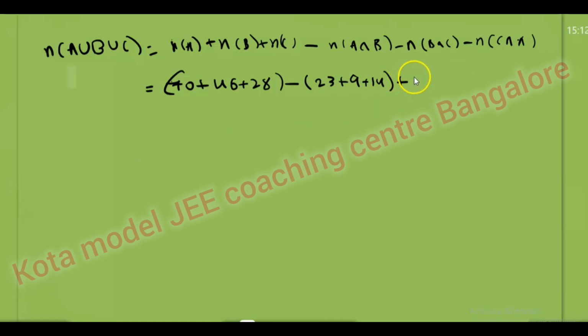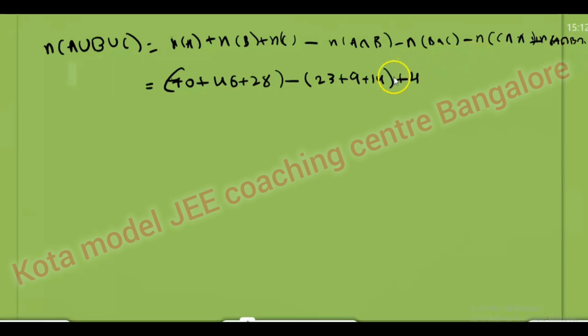Also add 4, that is n of A intersection B intersection C. Totally 102 students are there.